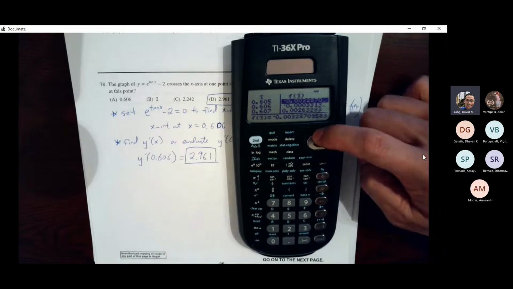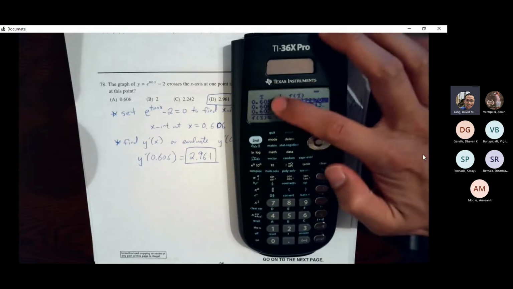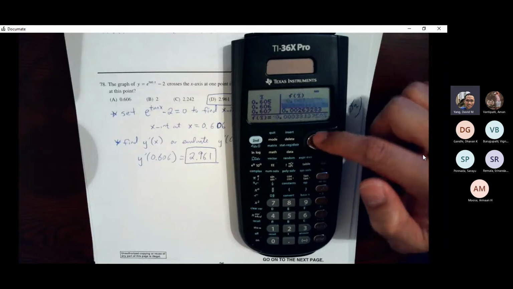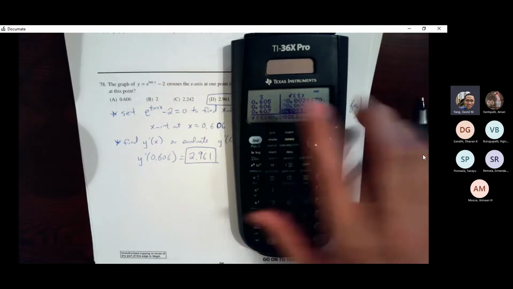If I keep adjusting my step value, I can see that around 0.605, 606 is when that transition occurs.